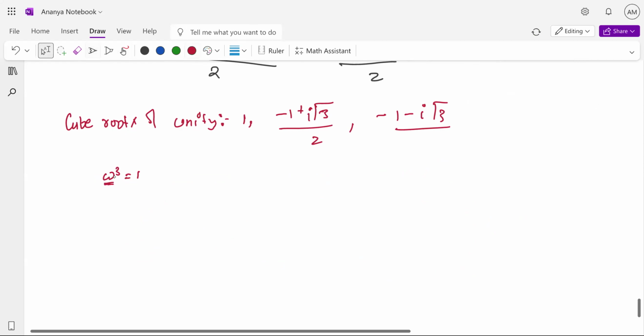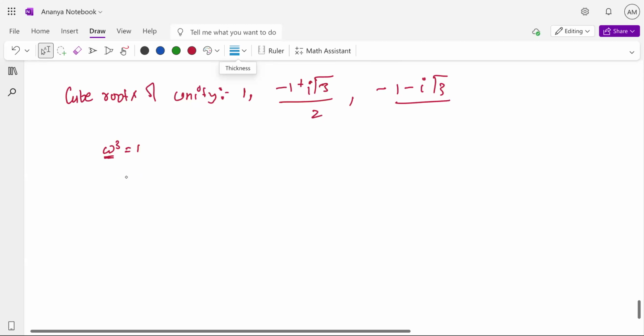Basically, I'll be getting the value of omega here. Yes, sir. So omega is one of the imaginary cube roots of unity.